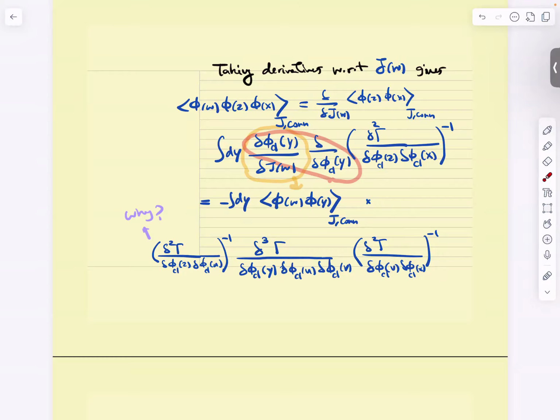Good. Then you have the third derivative of gamma, right? Y, x and v, no, there shouldn't be any u. And then the rest of it is v, z, x, u.